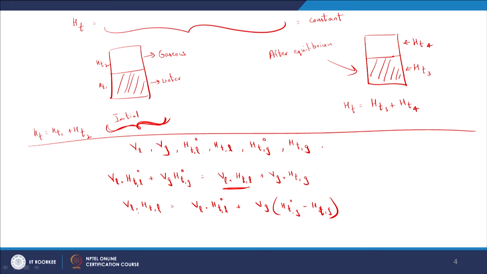So, what does this mean? The H at equilibrium in the aqueous phase is going to be that present initially plus the change in the H total in the gaseous phase.